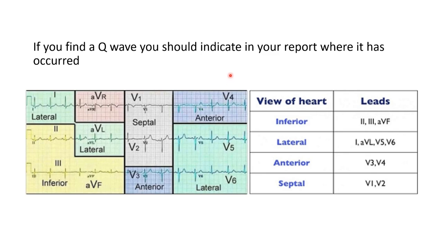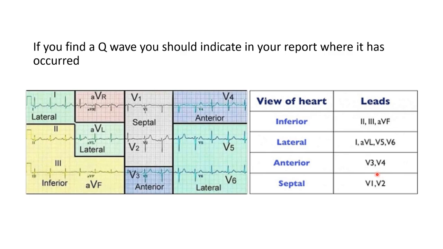Now, if you find a Q wave, it's important to indicate in what area it has occurred and whether it happens to be an acute, subacute, or a chronic MI. And you will be able to tell this on the basis of other findings like ST elevation or T wave inversion and stuff like that. So leads 2, 3, AVF are inferior, lead 1, AVL and V5, V6 are lateral.